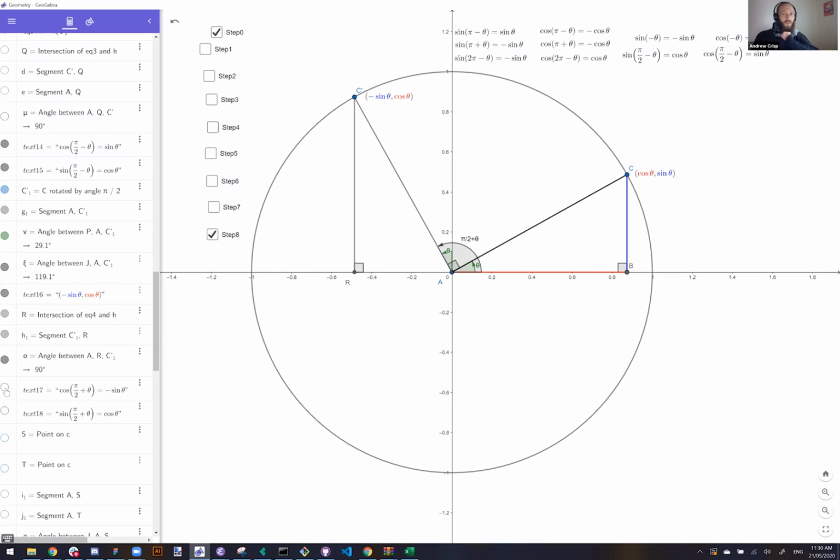And so that's this trig identity here. Similarly, if I want to know the height of my new point, I just put pi over 2 plus theta into sine. But that gives me the same value as the original horizontal distance of the original point.